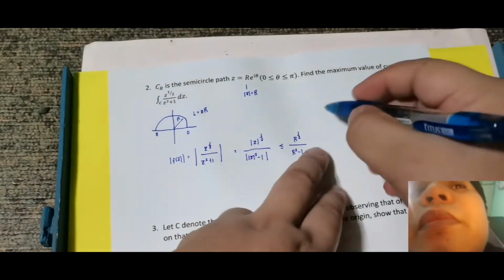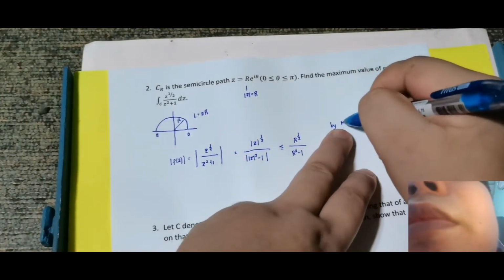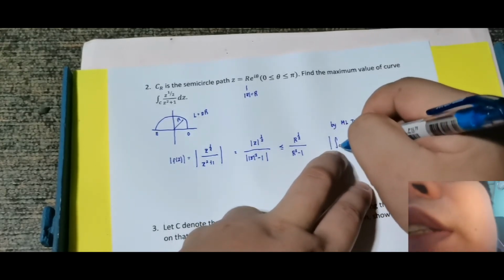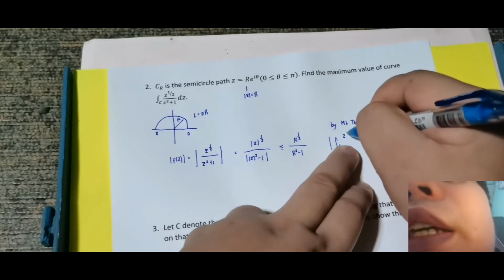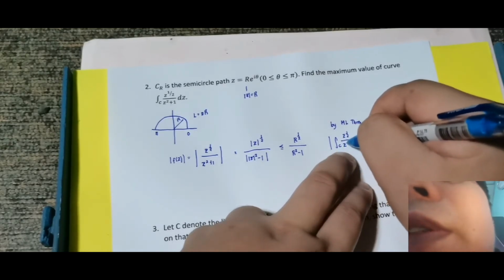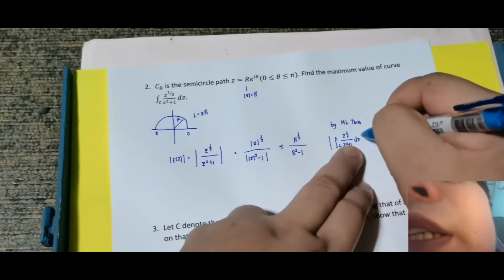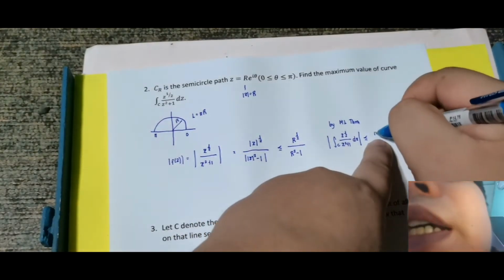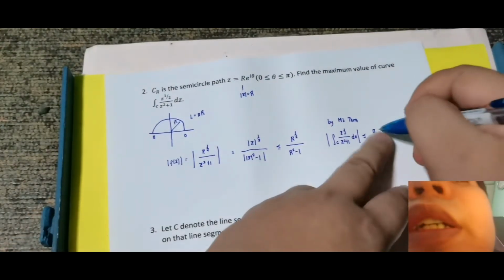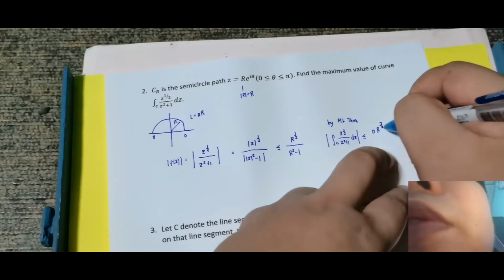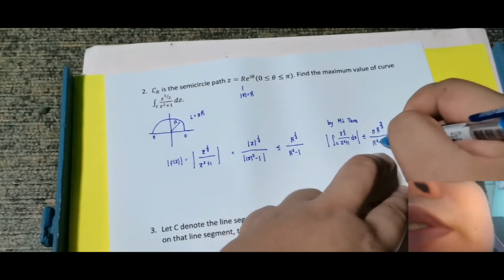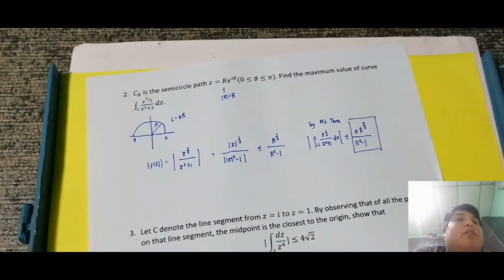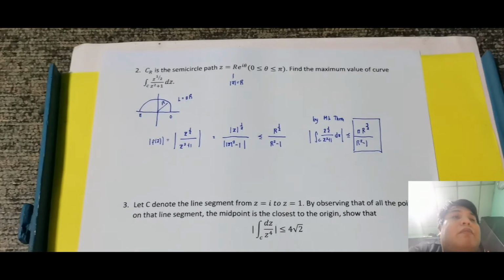Okay, then by ML theorem, yung modulus ng integral ng z raised to 1/2 over z squared plus 1 dz along the curve C is less than or equal sa pi r times r raised to 1/2, that is r raised to 3/2 all over r squared minus 1. So ito yung kanyang sagot. Okay, so ganun siya kasimple at kabilis.